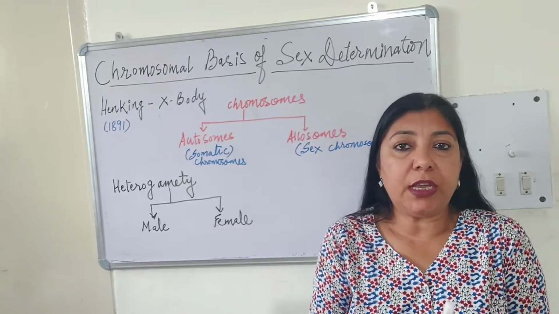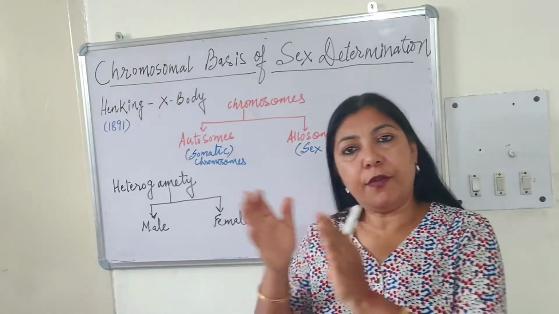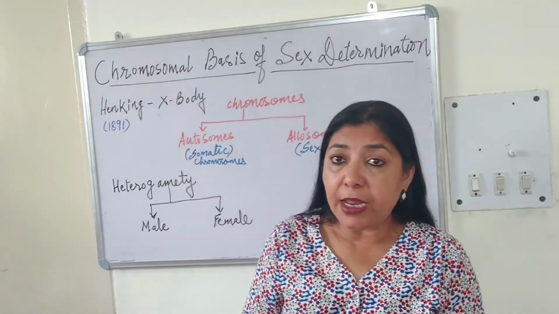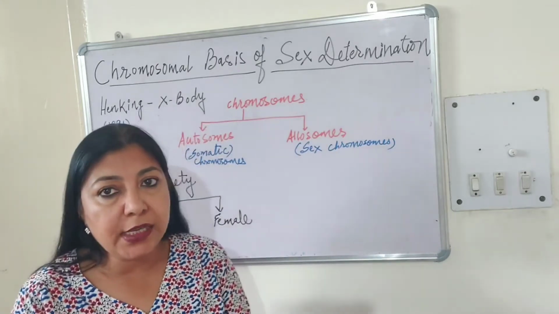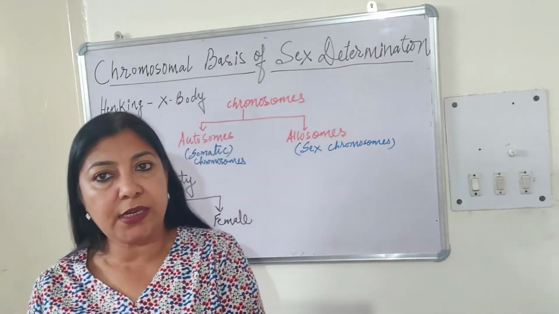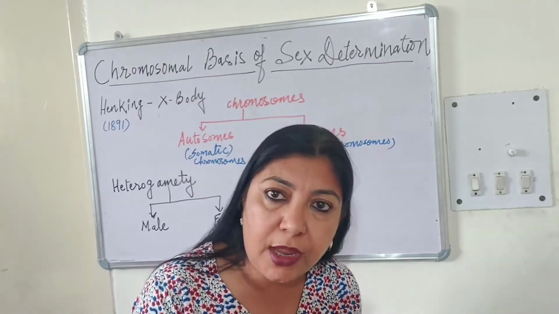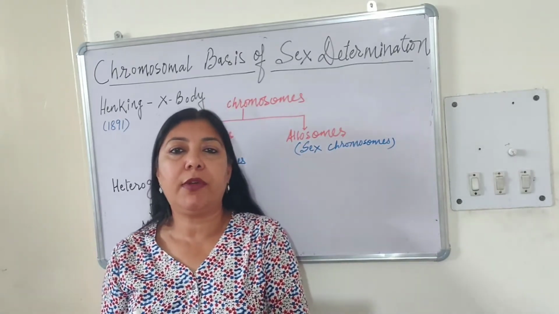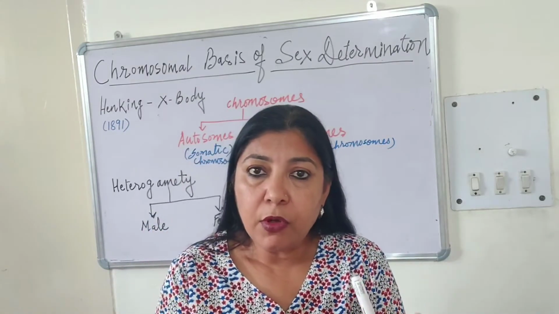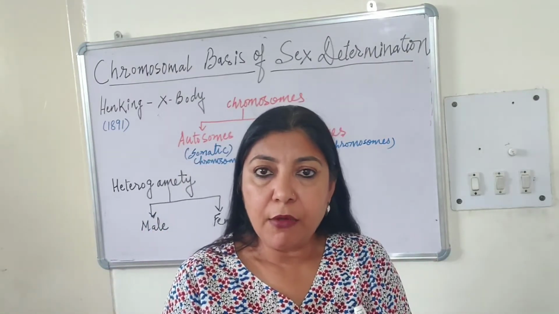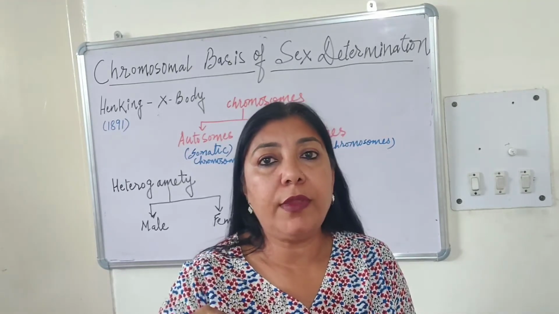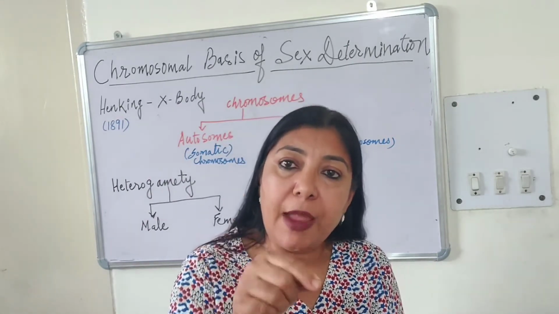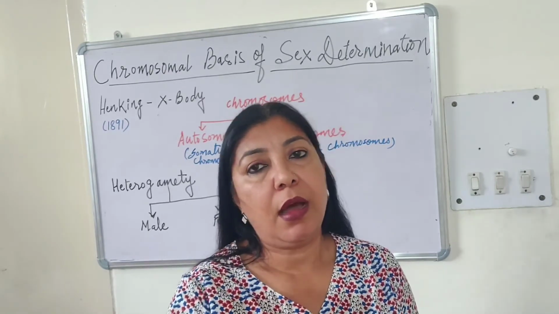But when the organism is producing 50% one type of gametes and 50% other types of gametes, it is called heterogamety. This can be male heterogamety, where the male produces 50% one type of gamete and 50% another type, or female heterogamety, where the female produces 50% one type and 50% another type. So the organism producing heterogametes decides the gender of the offspring, because it depends on the type of gamete which fertilizes to produce a new organism.